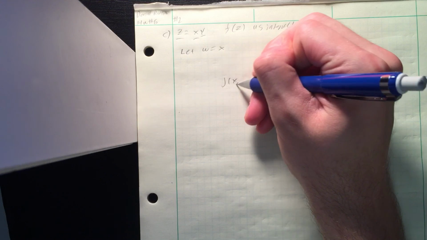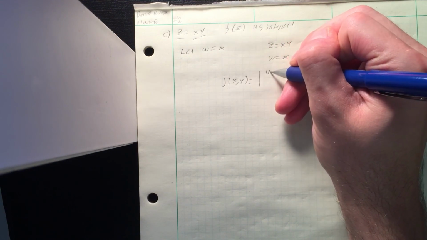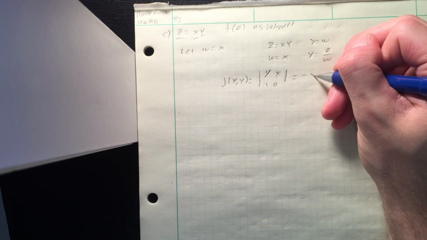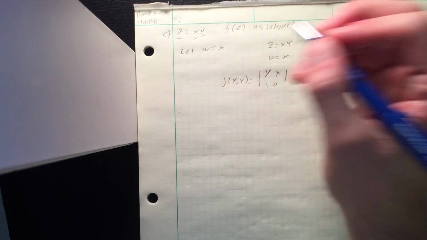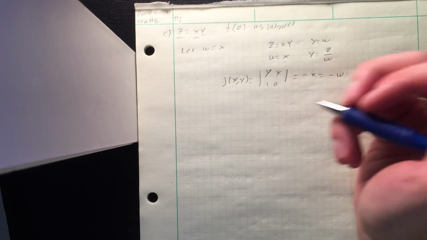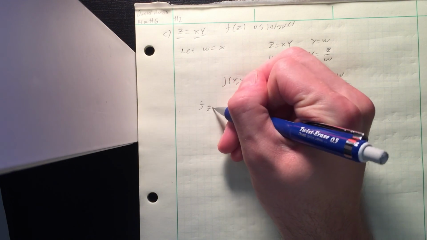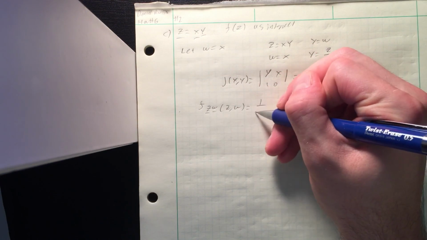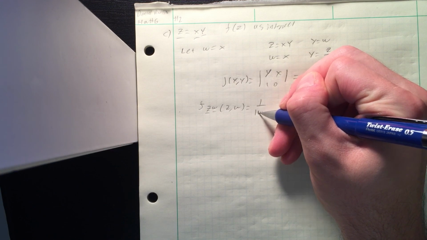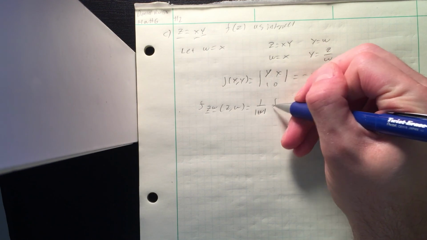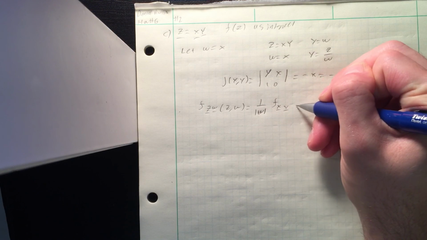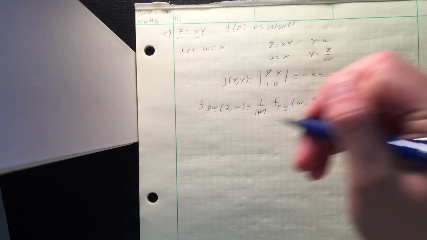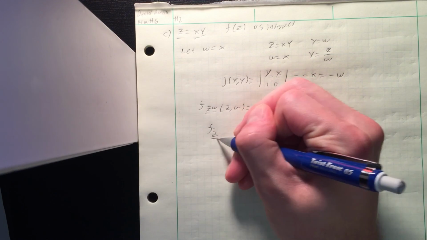So the Jacobian is y, x, 1, and 0, which is equal to negative x, which is equal to negative w. So for zw, it's going to be 1 over the absolute value of that, f of xy, w and z over w.